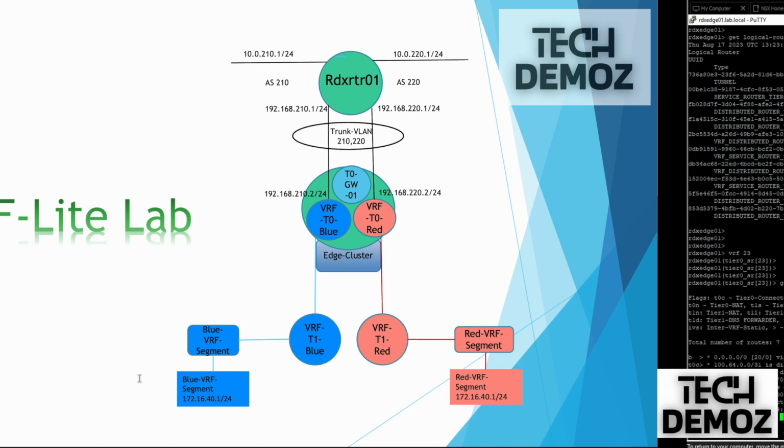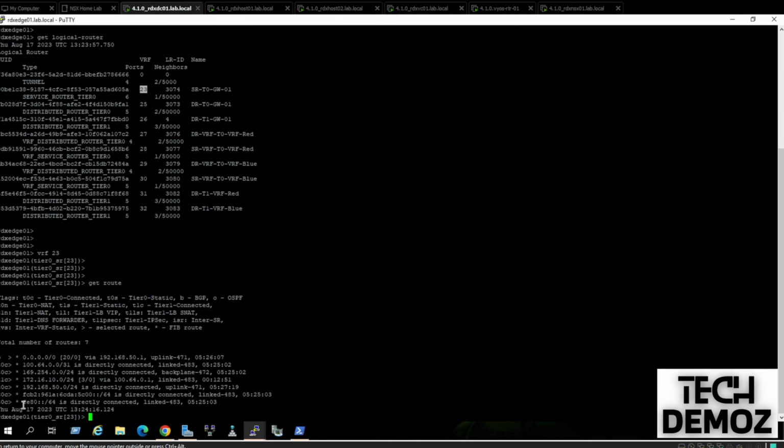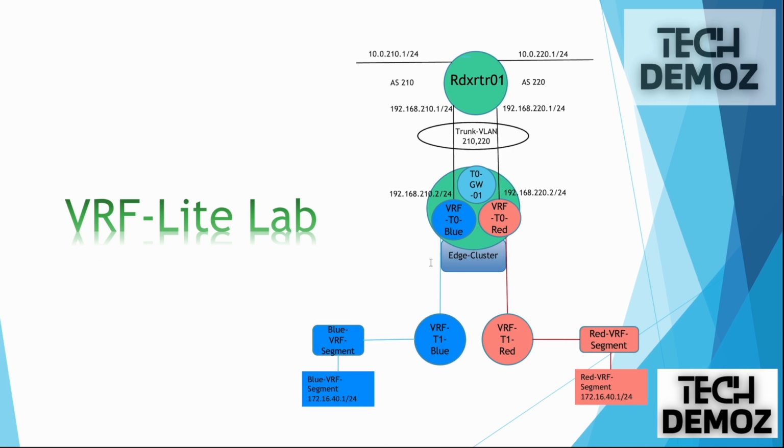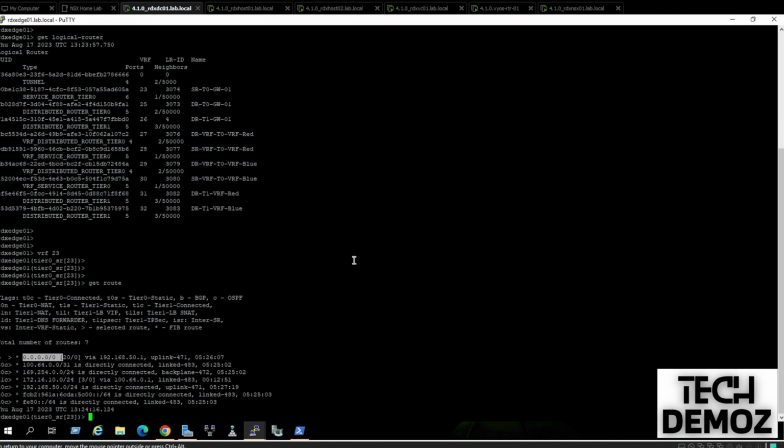Upside or downside, we don't have any route here. Anything related to 172.16.40, we don't have anything. Still it's using that one as a parent, but the idea is that it's using that as a backside and connecting toward the different network, which we discussed in the first video.